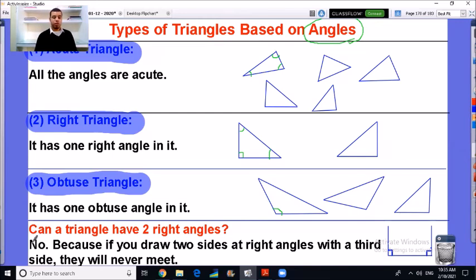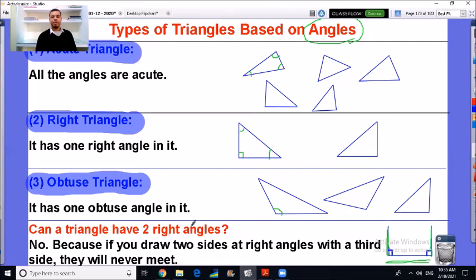You say, no, a triangle can never have two right angles because if you draw two sides at right angles with the third side, look at this. So here are two sides. They are at right angles with the third side, which is this one.